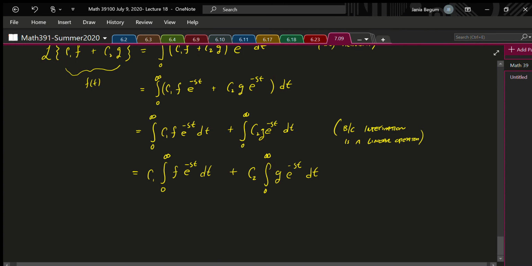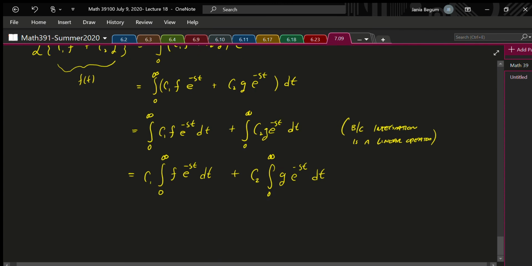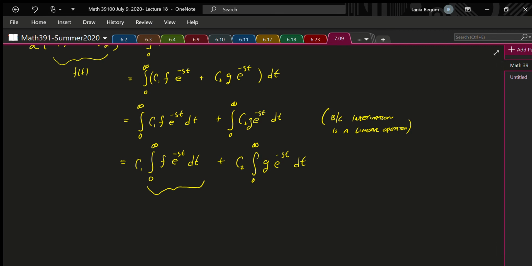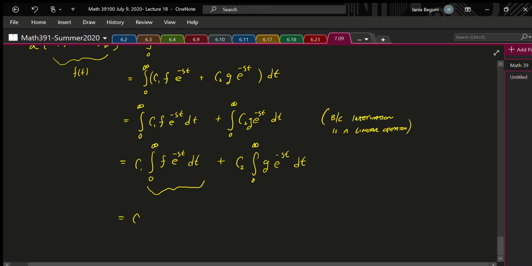Well, now is the magic part. This is something cool. What do you notice? What does this remind you of? Right, so this is c1 times the Laplace transform of f of t, so I'm bringing back t.